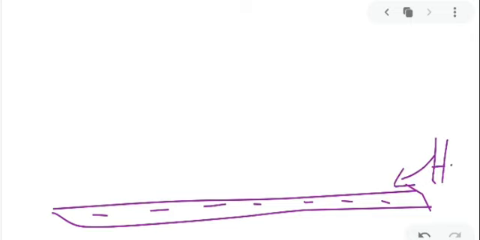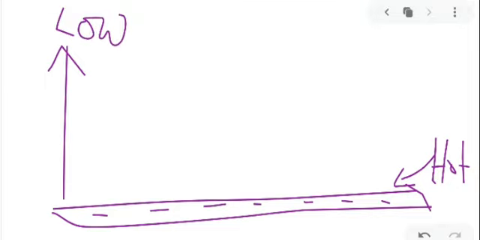It's too hot near the surface of the road, whereas the temperature is reduced as we go up. So there is low temperature here and high temperature here.